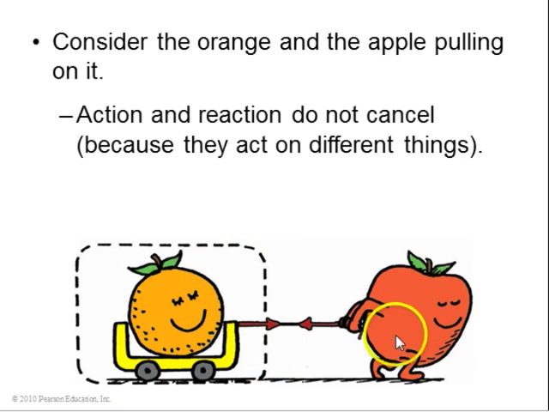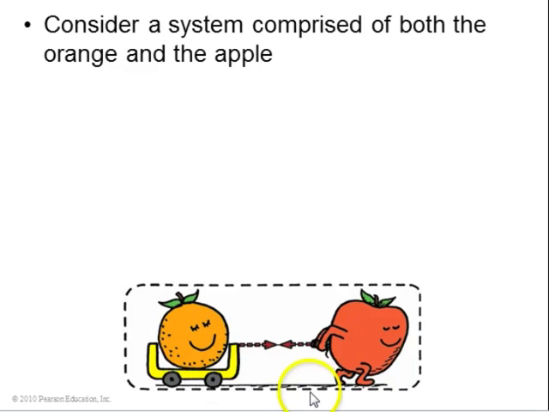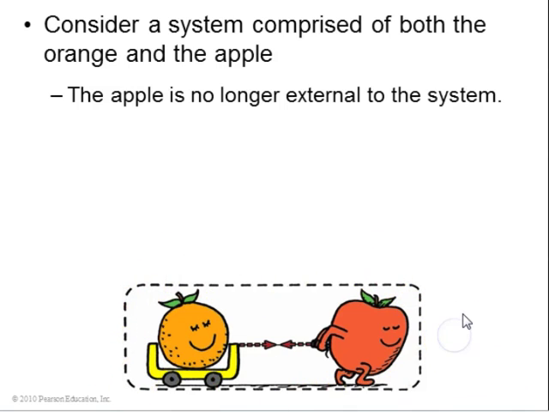So there is an action-reaction pair. The apple pulls the orange, the orange pulls the apple. But they don't cancel because they're acting on different things. If you consider your system to be the orange, there's an external force pulling it along, and that's why it accelerates.